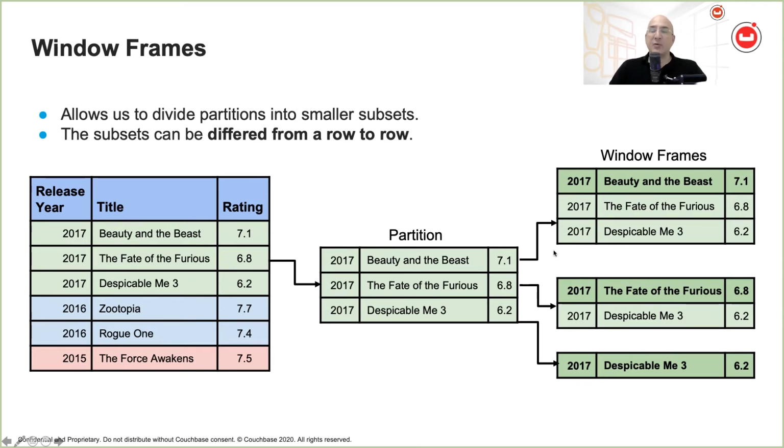For the second movie, we can select all the movies from that second movie and downwards in the list, again, within the 2017 year. Now there are two movies here, right? For the third movie, we can select all the movies from that third movie and downwards in the list. But there is only one movie. So the window function can be activated on a specific frame in the partition as you define.